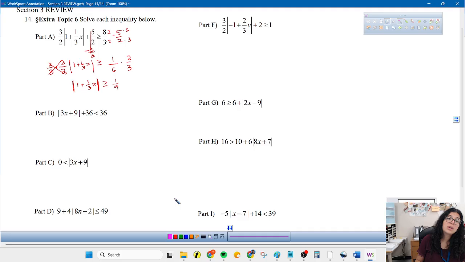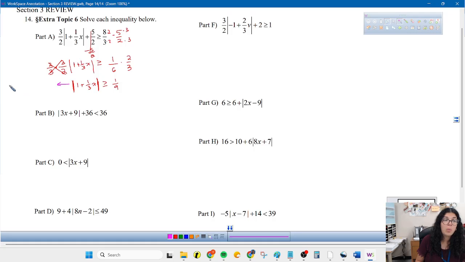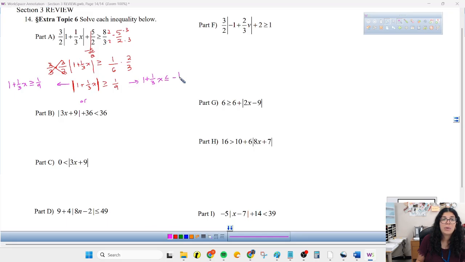Now, the absolute value is going to be bigger on the outsides. So this is going to be 1 plus 1/3 x is greater than or equal to 1/9, or 1 plus 1/3 x is less than or equal to negative 1/9.